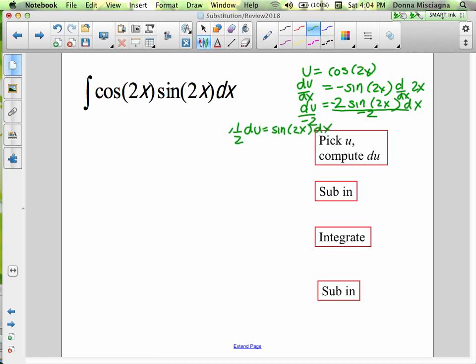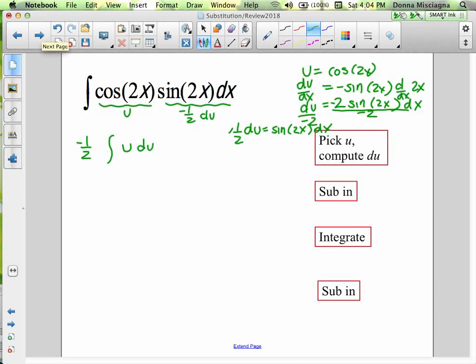There we go. So we'll replace this with u and this with negative 1/2 du. So that gives us negative 1/2 the integral of u du. That's all we need. u du.